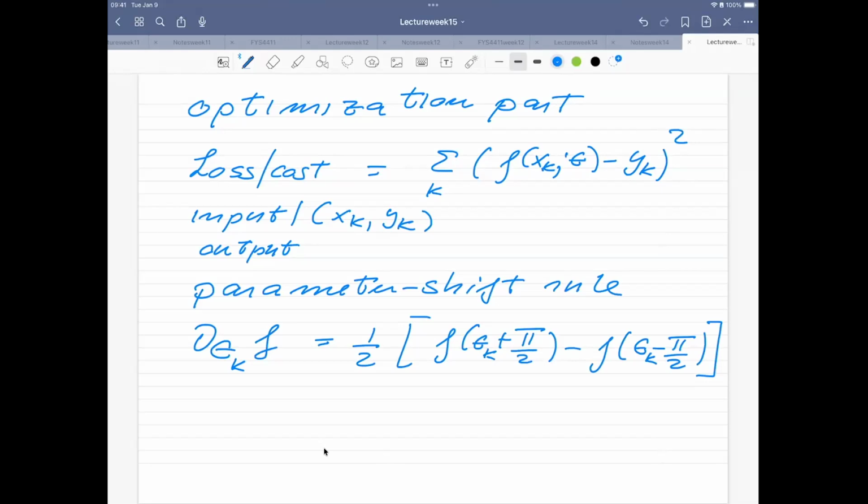Now, there is something which we can do when we do the stochastic gradient descent.